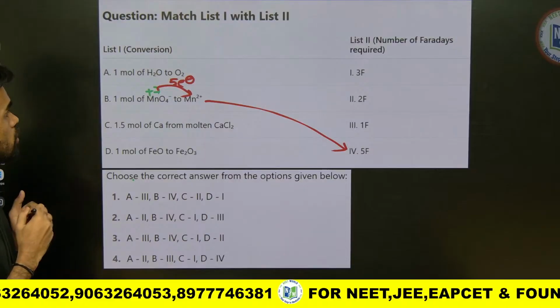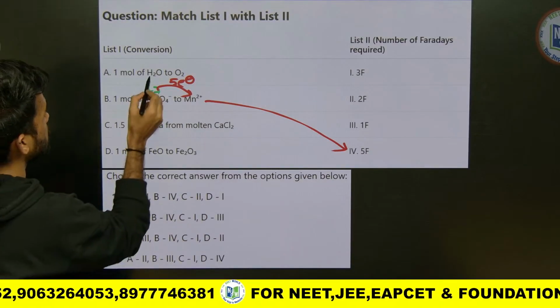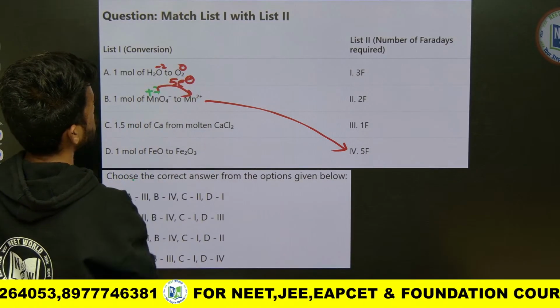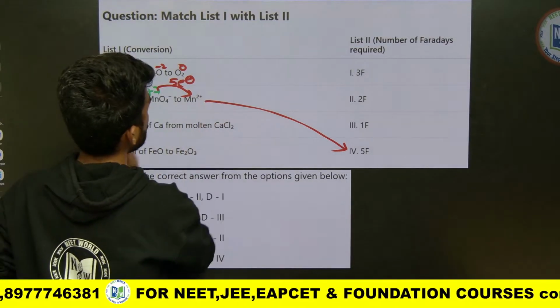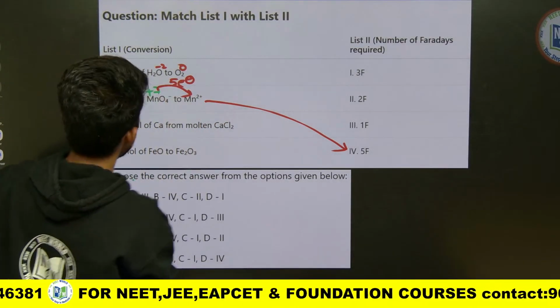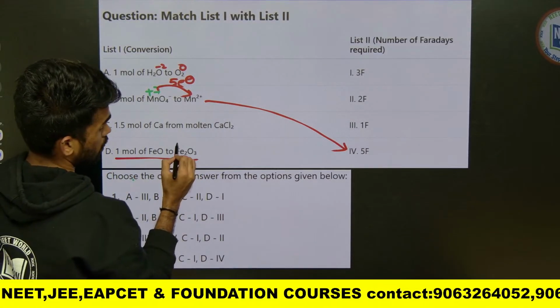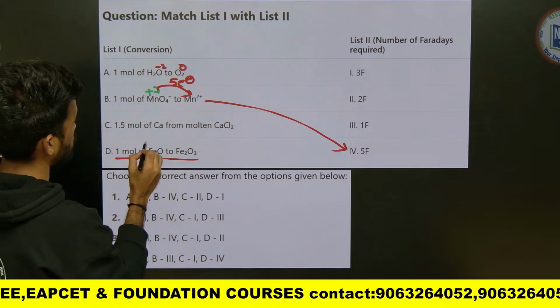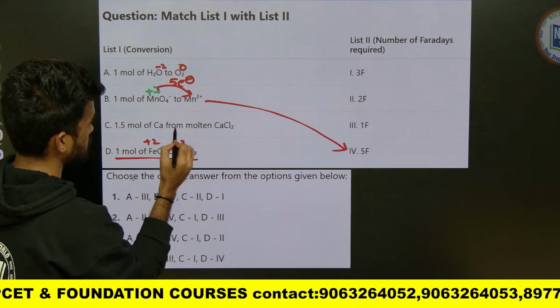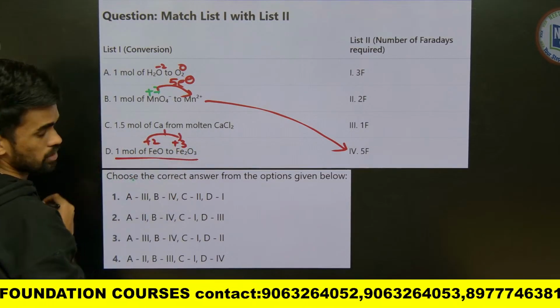For A, -2 converting into 0. So how many electrons? 2 moles of electrons. So 2 Faradays. Okay. Similarly, for this you tell me. 1 mole of FeO, Fe +2 is converting into +3. So 1 Faraday, 1 electron.